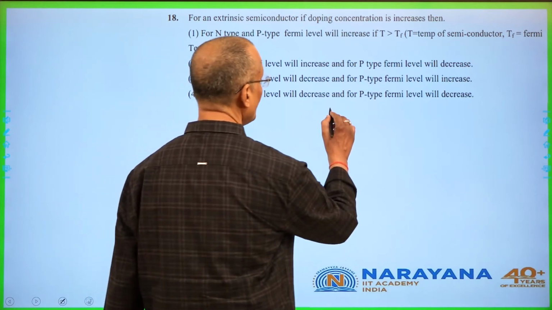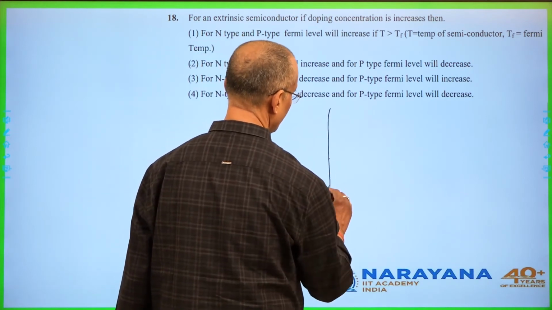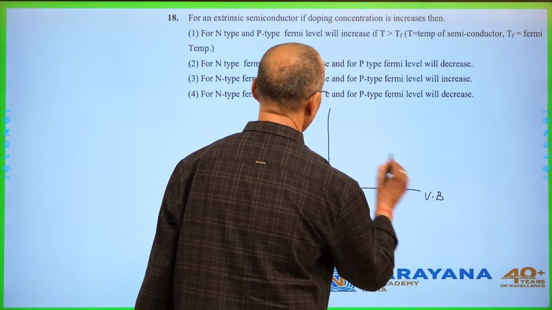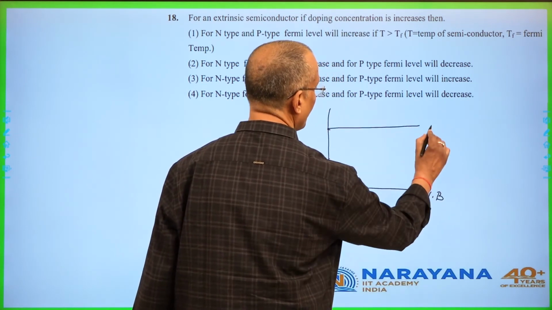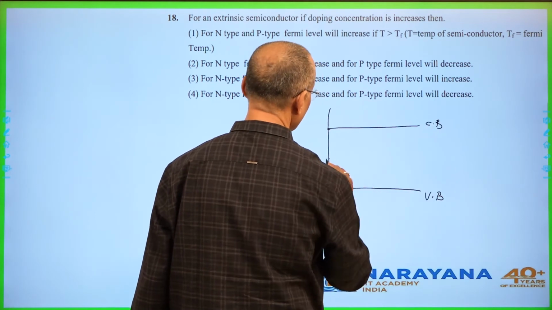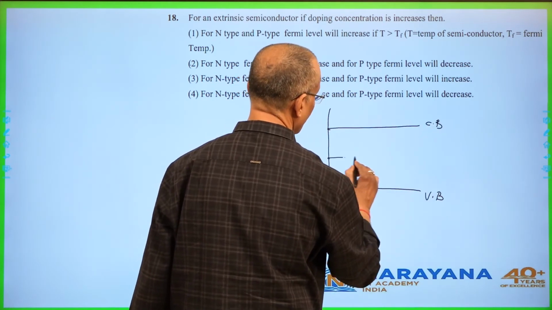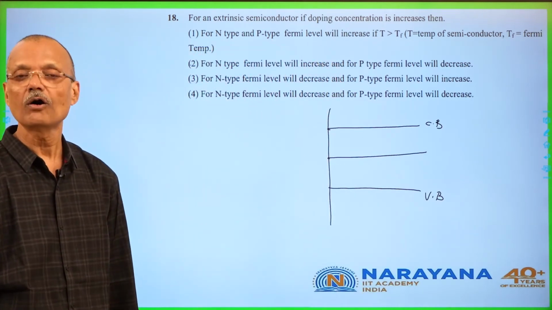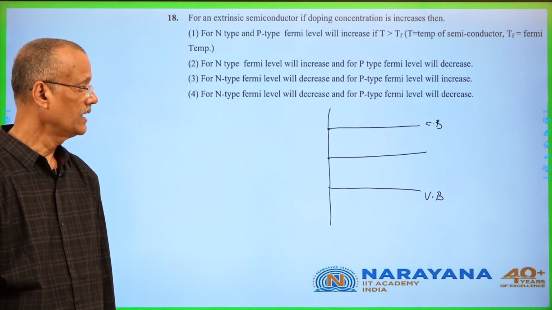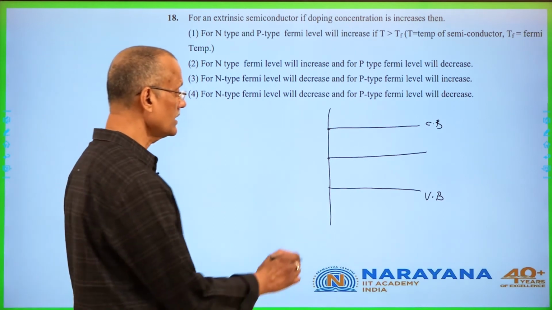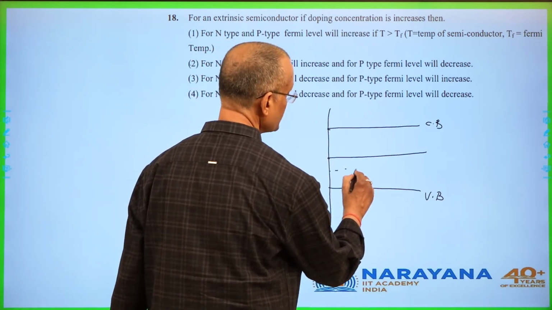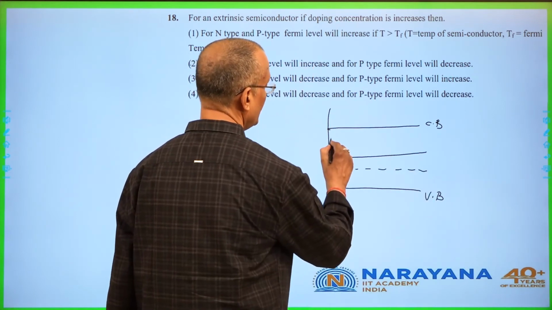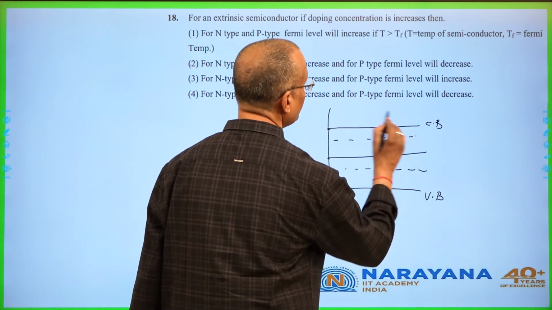If you have pure intrinsic semiconductor, if it is highest level of valence band and this is lowest level of conduction band, then for pure semiconductor, it is completely in the middle of band gap. If it is n-type semiconductor, it is nearer to valence band. If it is p-type semiconductor, it is nearer to conduction band.